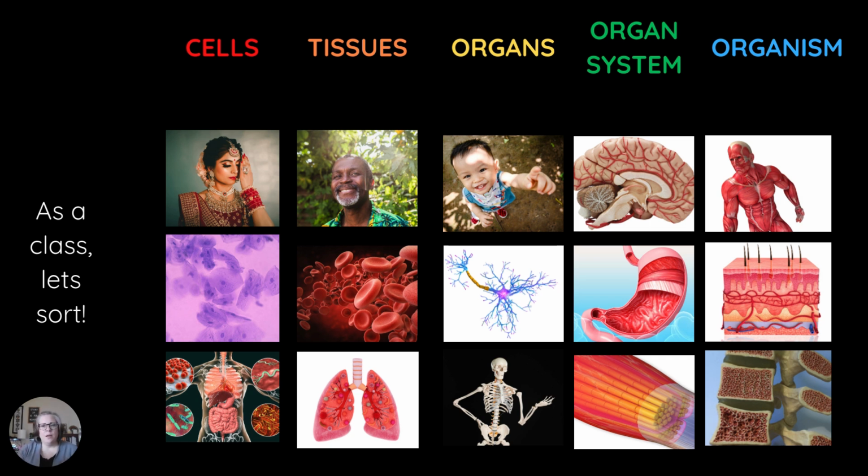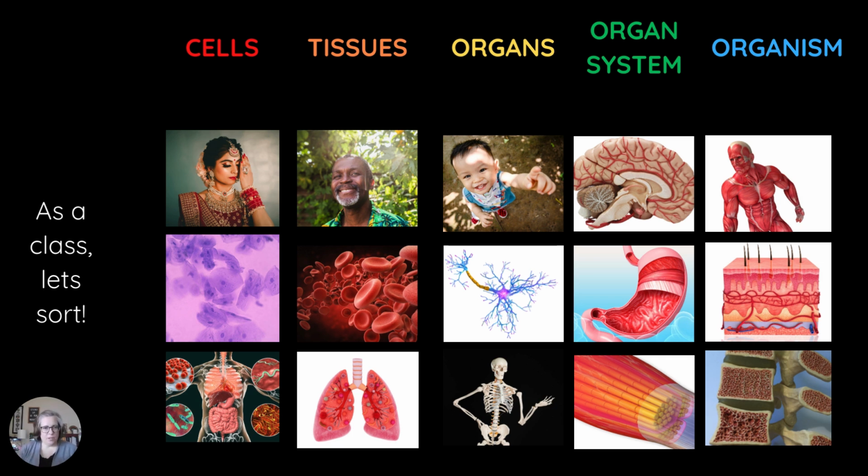Okay. Now, an organism is the top level here, and that is when all those organ systems come together in one complete living organism. So, as a living organism, you have all kinds of different systems in you. You have a digestive system, a circulatory system, a skeletal system, et cetera, et cetera.